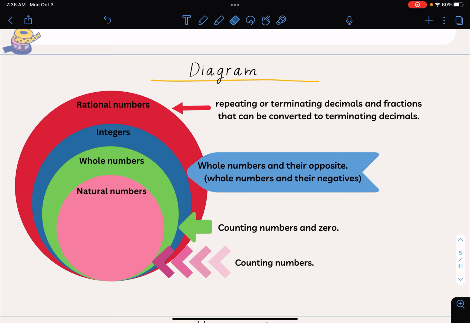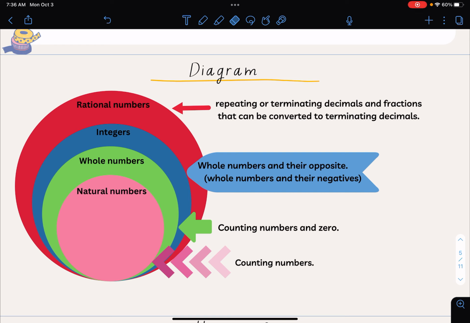Then you have integers, and integers would be the blue arrow. If you look, the arrow kind of matches the circle it's in. And so integers are whole numbers and their opposites, and in parentheses, it gives you an explanation, whole numbers and their negatives, okay? And then you have whole numbers, which are your counting numbers and zero.